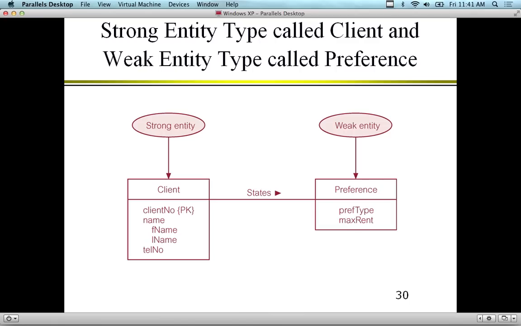So here's another example of a weak entity versus a strong entity, where we have a strong entity type called client and a weak entity type called preferences. So preferences are over here, client's over here. So the client states its preferences.